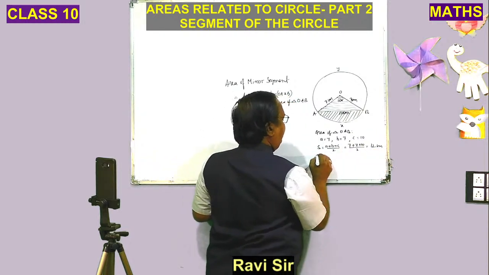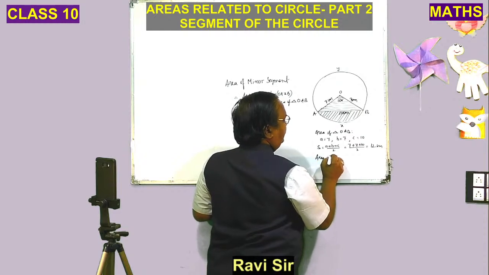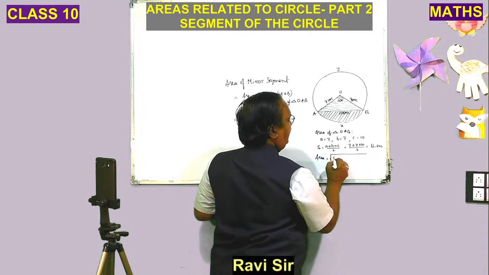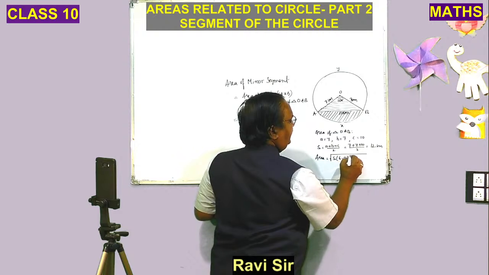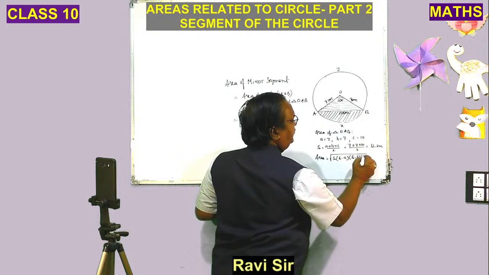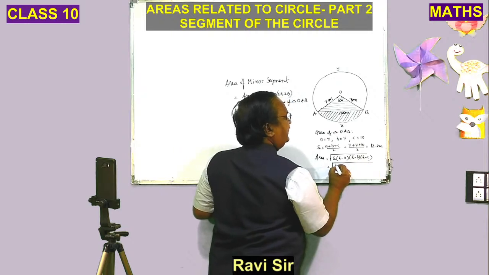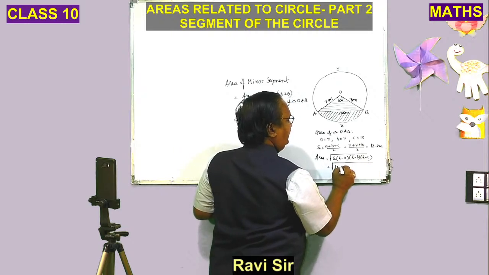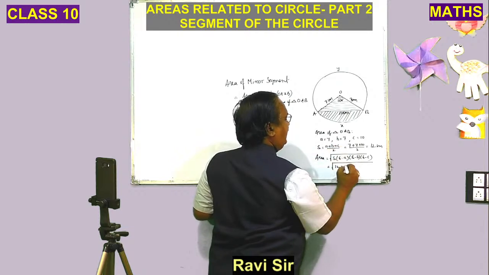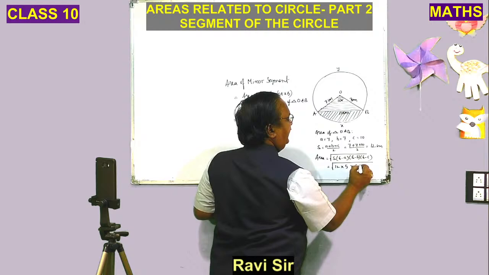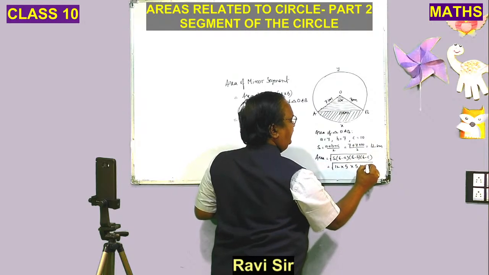Therefore, area is equal to square root of s into s minus a into s minus b into s minus c, which is 12 into 12 minus 7, 5, 12 minus 7 again 5, 12 minus 10 is 2.